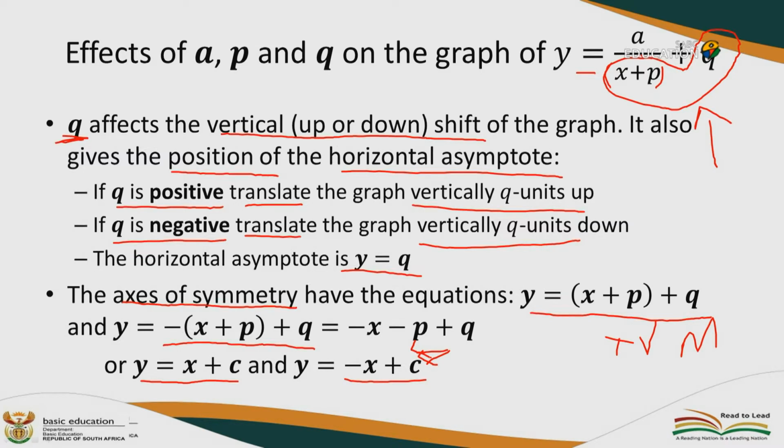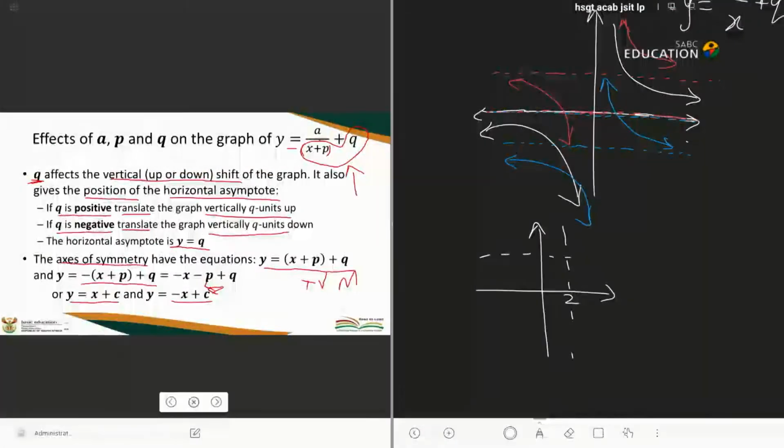Where your asymptotes intersect, that is the point that we are going to use. Say, for instance, we have an asymptote at 2, and then that is at 3. So where the two asymptotes meet, that point is going to be (2; 3).